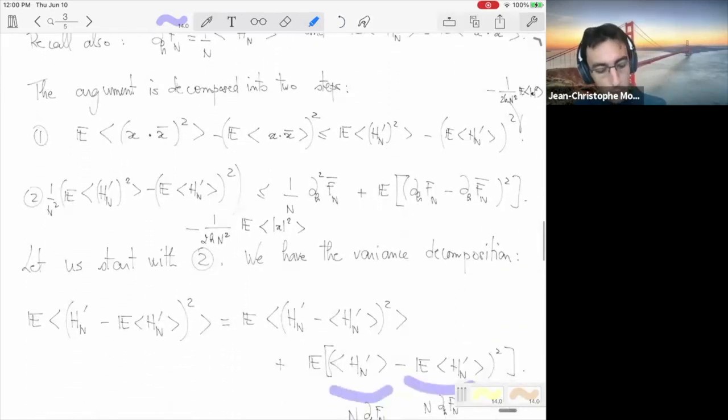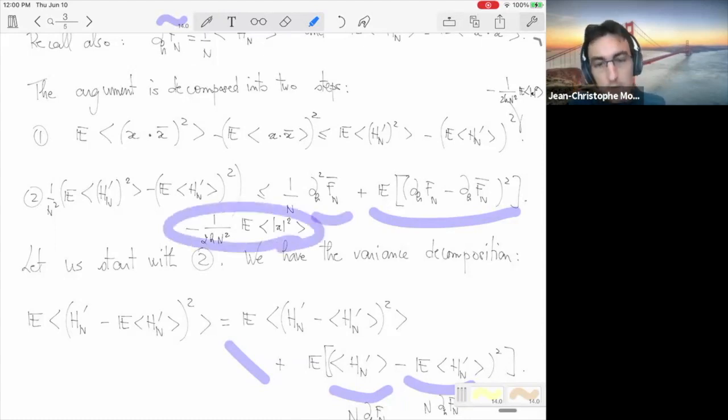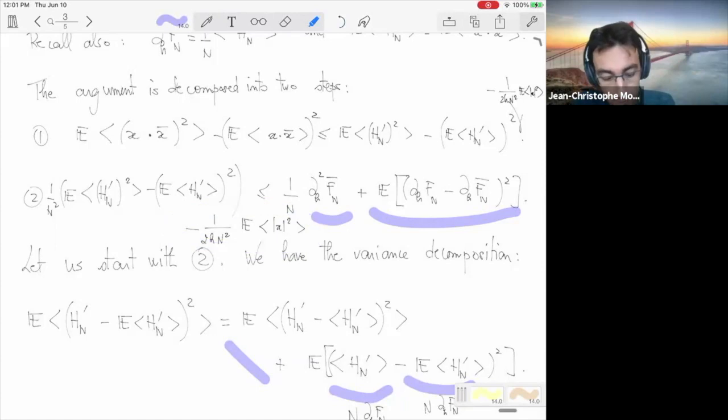And when we observe the fluctuations of Hn prime, we do this variance decomposition. There are two terms. One of the terms is just that. And the other term is the second derivative. This is just like with Curie Weiss. And it so happened that there's this extra annoying term. But this is because I've put some square root in some place, and it creates some little spurious term. But in any case, it's small.